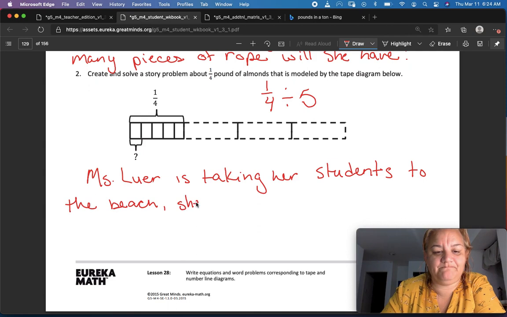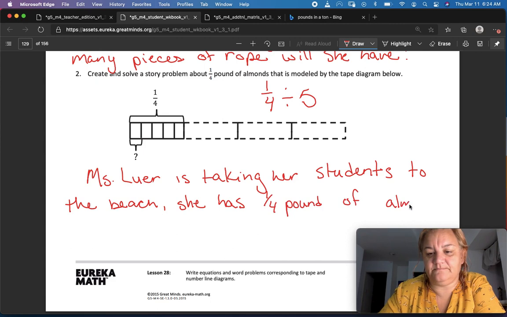She has 1/4 pounds of almonds. Oh, I spelled almonds wrong.